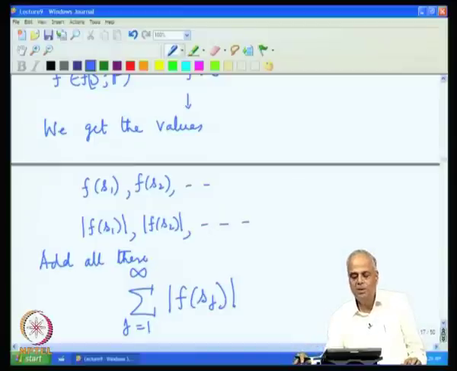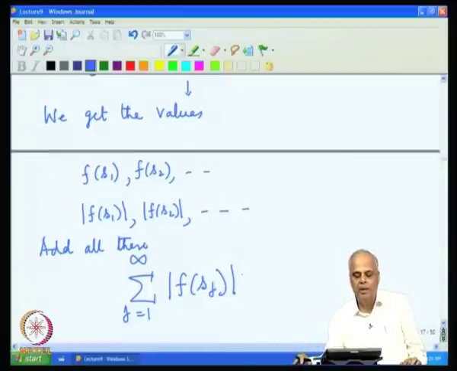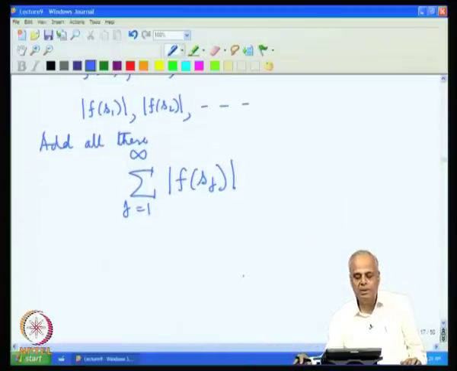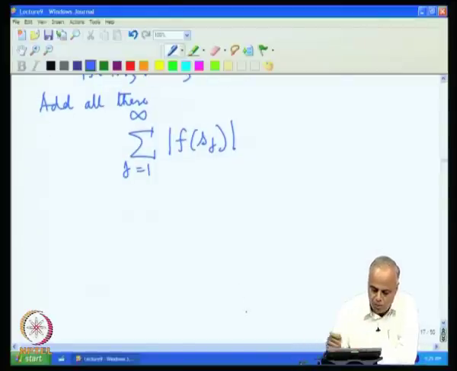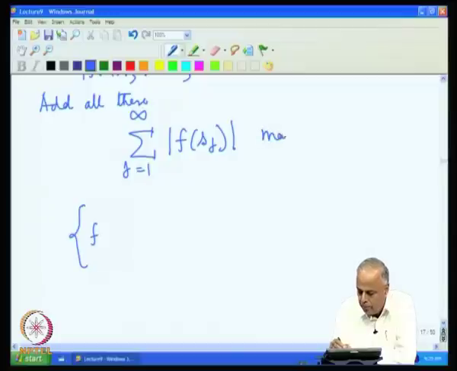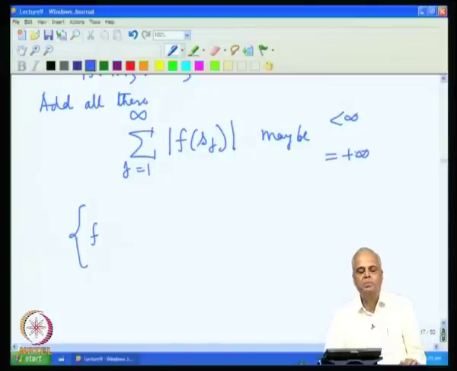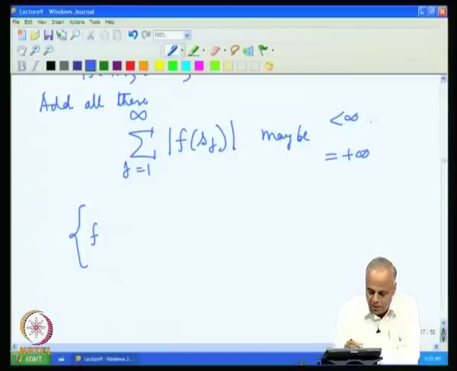The infinite series may or may not converge, it may diverge to plus infinity. So, we would like to look at functions where this sum is under control. So, this may be less than infinity or it may be equal to plus infinity. So, we are going to look at all those functions which are under control, that it is less than infinity.